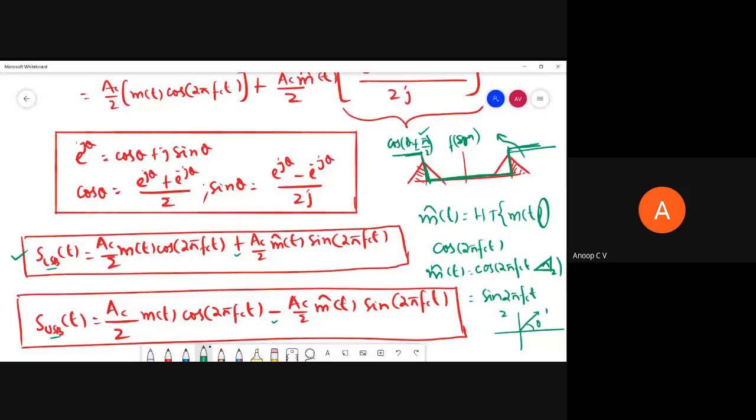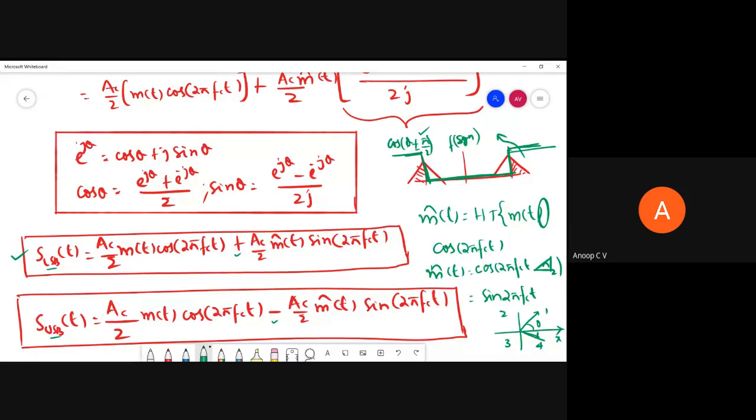This is the first quadrant, this is the second, this is the third, this is the fourth. We start measuring angles from the positive x-axis, the positive real axis. If theta is in the first quadrant, theta minus pi by 2 lies in the fourth quadrant, since from theta I travel pi by 2 radians in the clockwise sense.